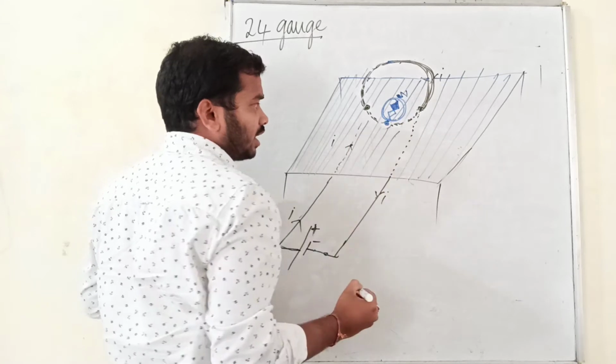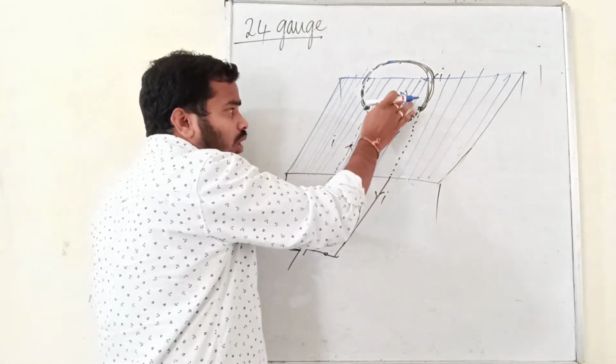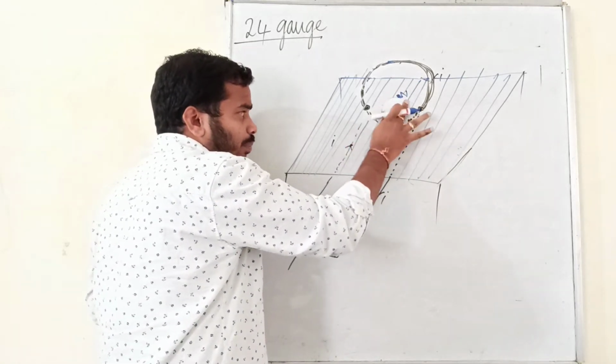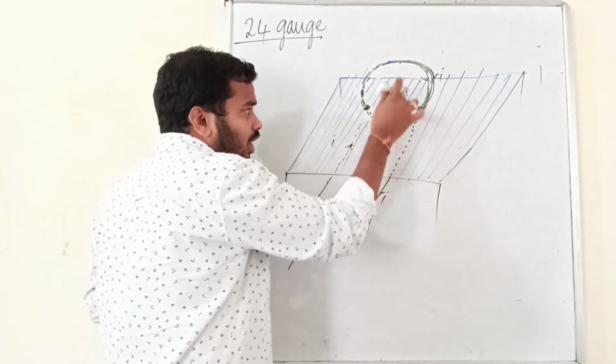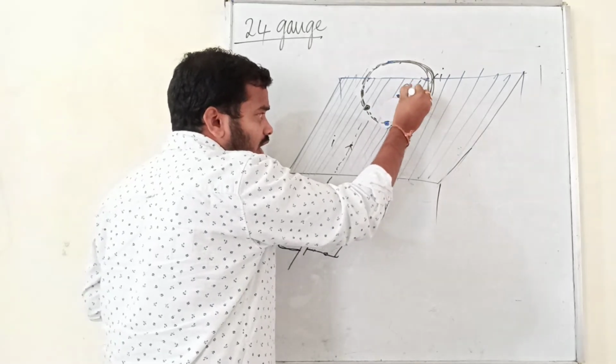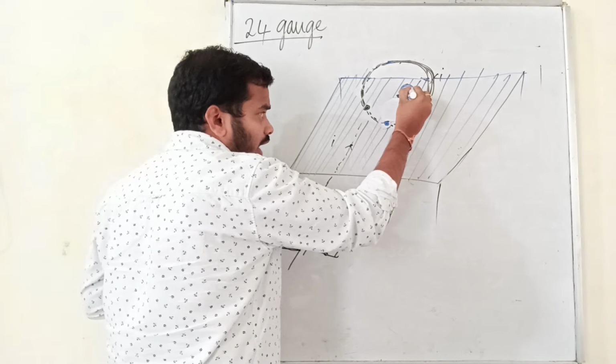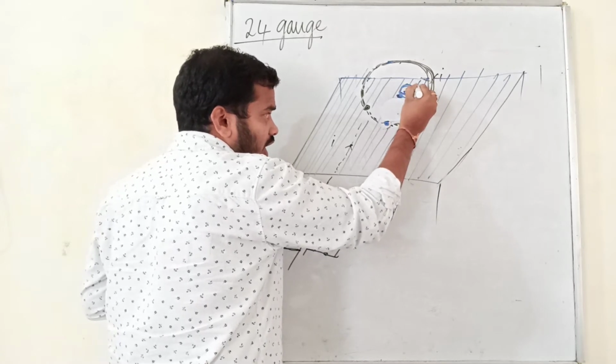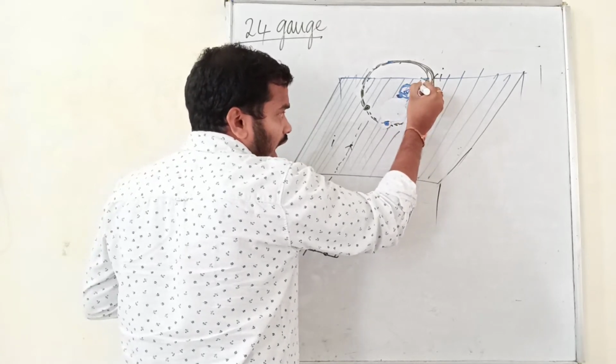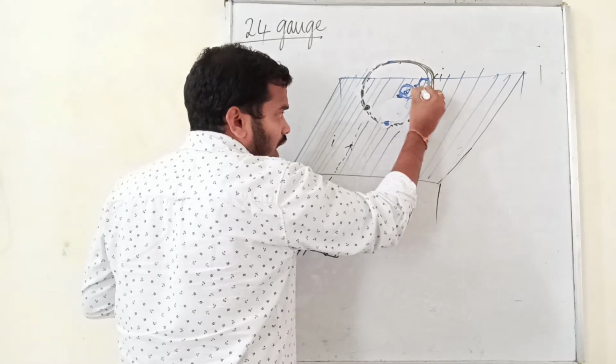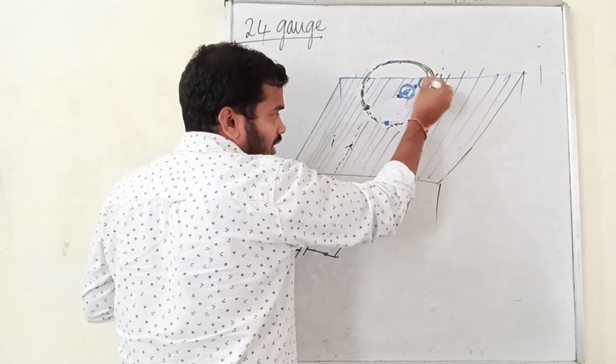Then you need to ensure that two dots are kept on the surface of the plank, showing the north and south directions, and again you remove the compass from that point and place it at the other end of the dot, and it will show you the other direction. Similarly, you place the compass at the other end of the dot.